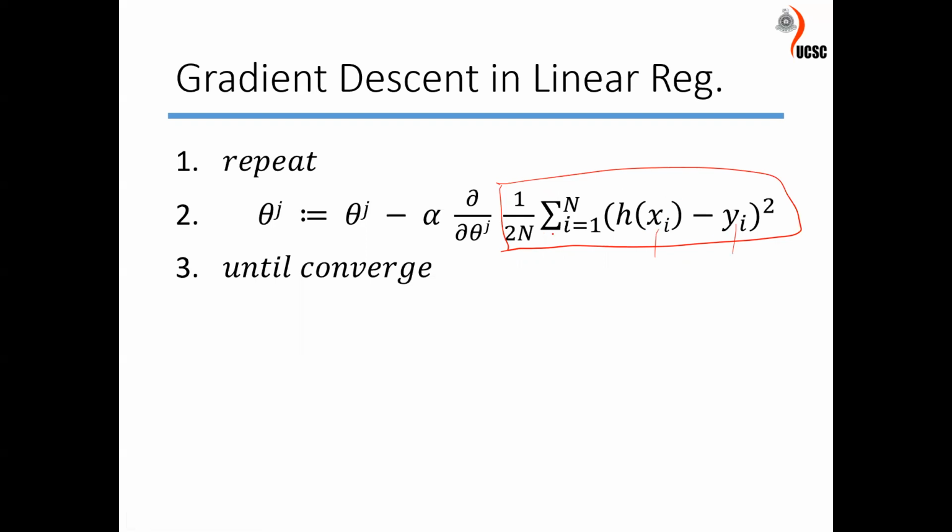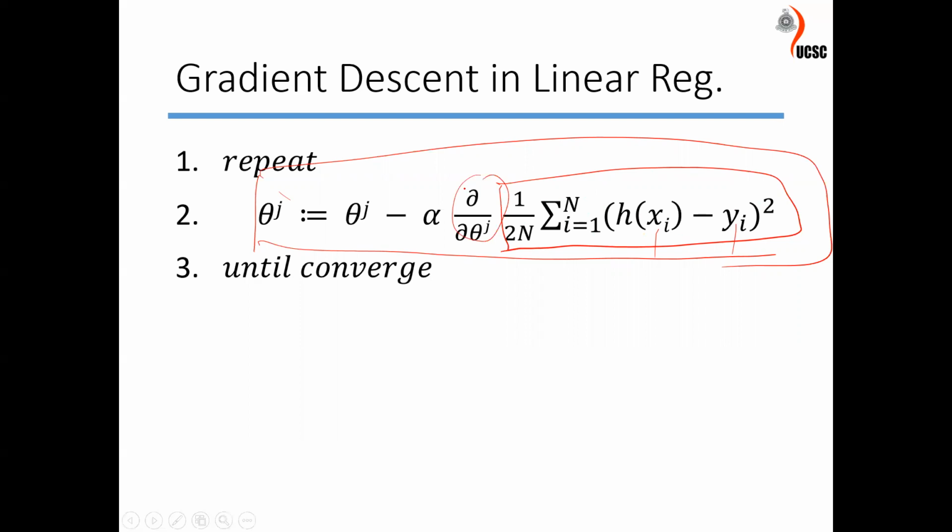This is the final place where we can update theta j, so you can simply substitute your cost function, then you can do the derivation, right?